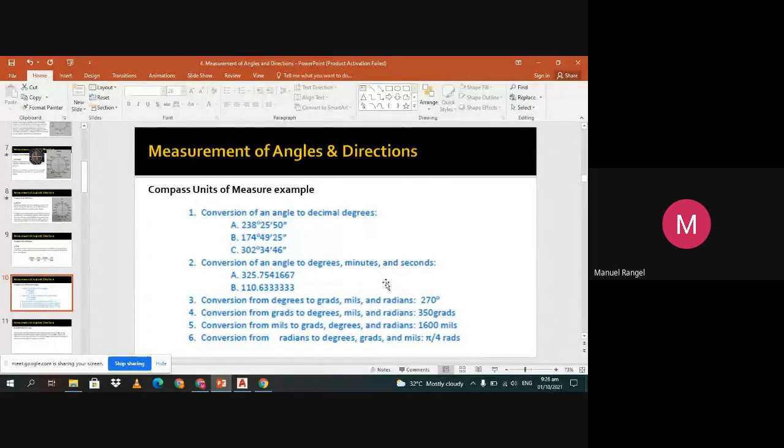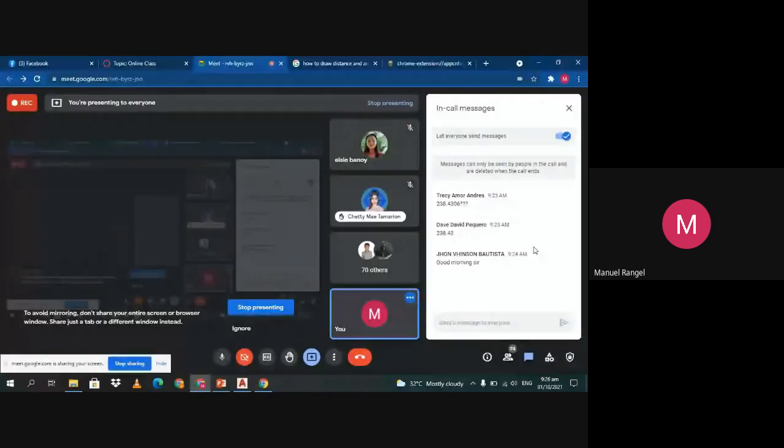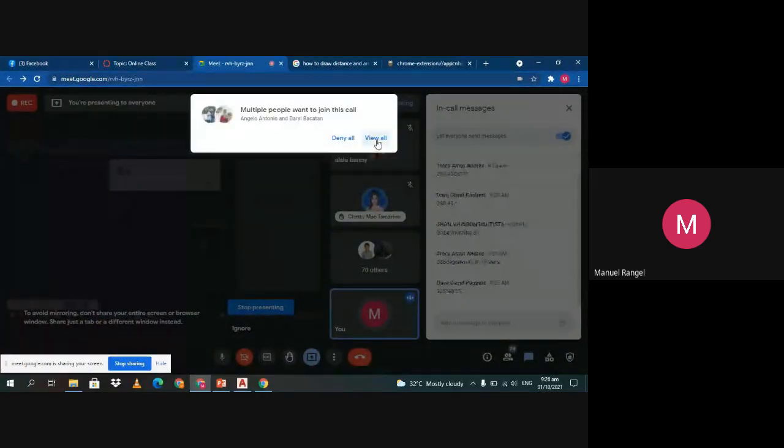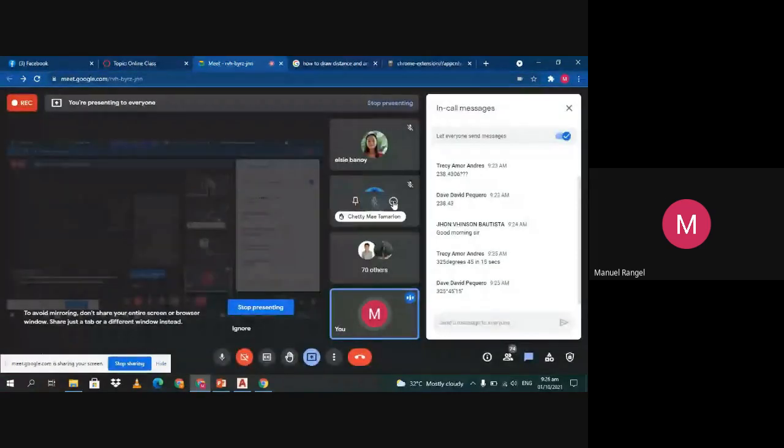Say answer sa letter number 2, letter A. 125 degrees, 45 minutes, and 50 seconds. So, correct na po si Tracy Amor. Using your calculator lang.